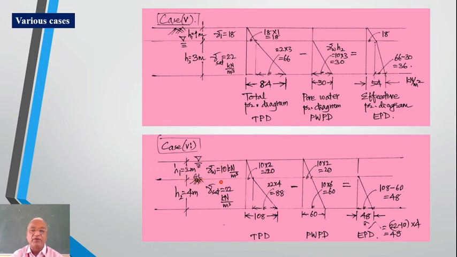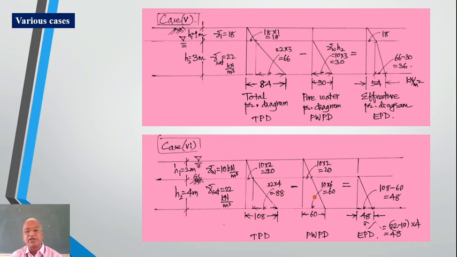Here there is a ground level, and then water has gone up above that for 2 meters, and I have considered gamma W as 10 kilonewton per meter cube. Now again I will draw the total pressure diagram. As usual, gamma W into 2, that is 10 into 2, that remains as it is. Further down it will be 22 into 4, 88 plus 20, that is 108 kilonewton per meter square.